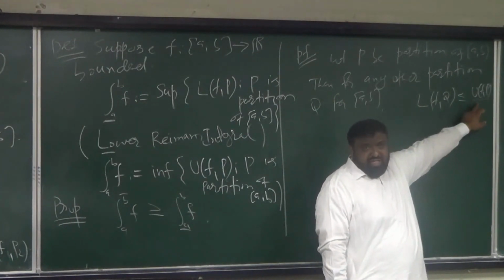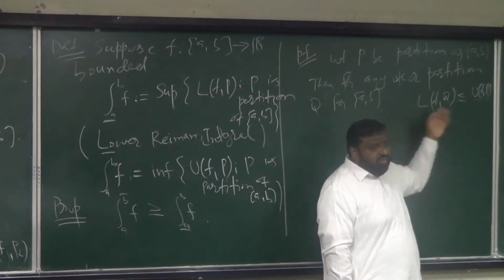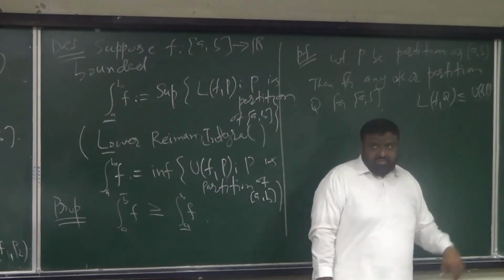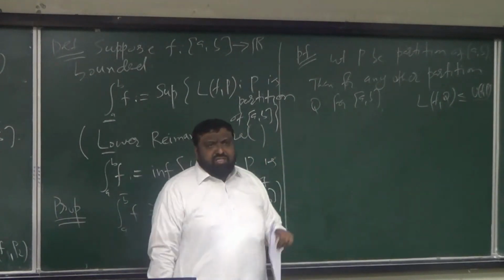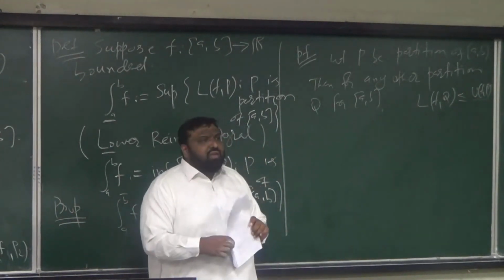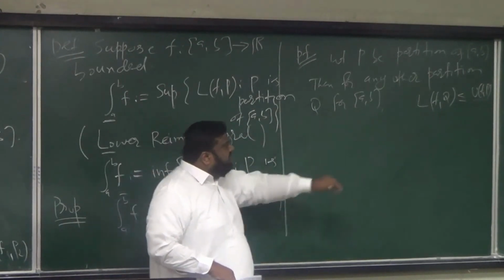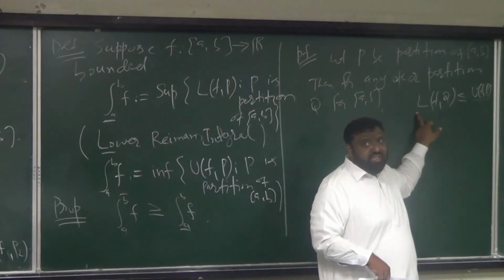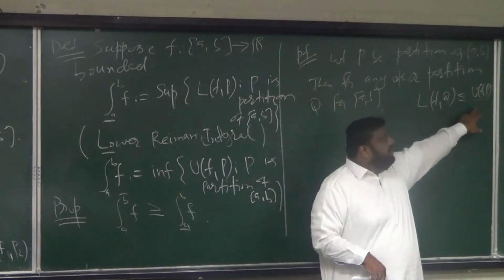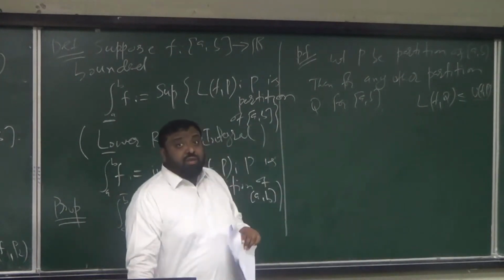This fixed UFP is kind of an upper bound for all of these lower Riemann sums. So if it is an upper bound, you take the supremum of all these lower sums. What should be the relationship between that supremum and UFP? Same.